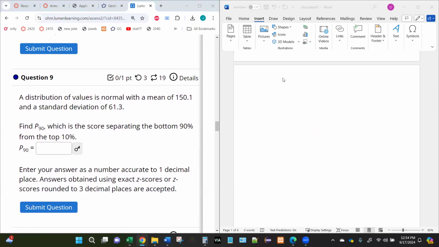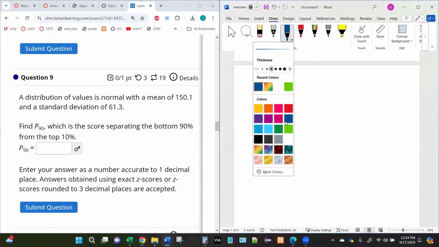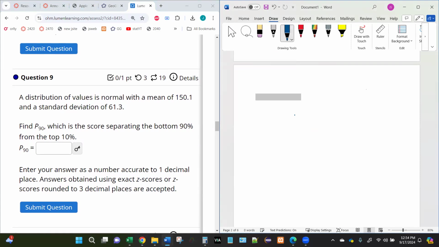So we have a distribution of values. It doesn't really tell us what we're measuring here. Maybe it's weights for children or something. But it doesn't really matter what it is. It tells us everything we need. So the mean is 150.1. That's mu.